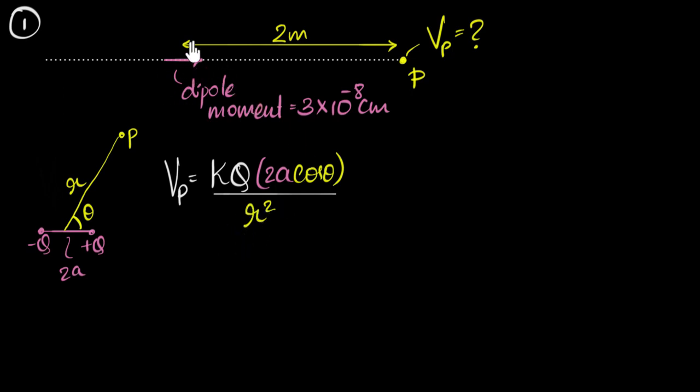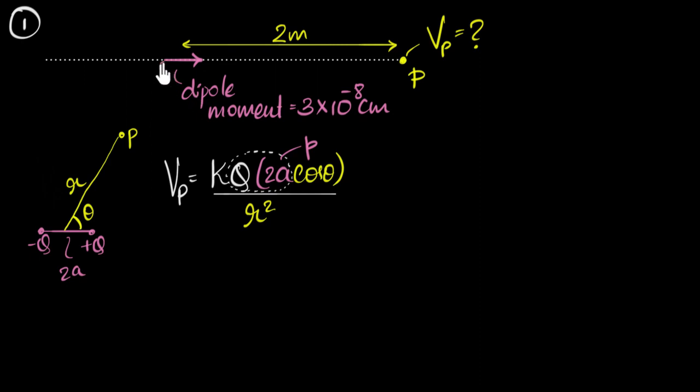What's given to us is we're not given q, we're not given the distance, we're given the dipole moment, and we're given some vector. What is that? Well, remember that this product of charge and distance is itself what we call the dipole moment, which we represent as P. The dipole moment is taken to be a vector, and its direction is always from the negative charge to the positive charge.